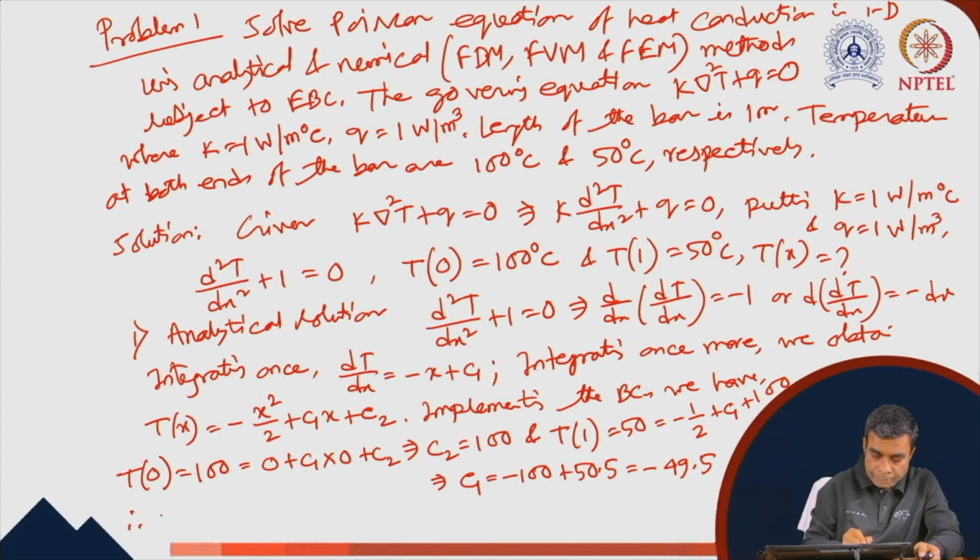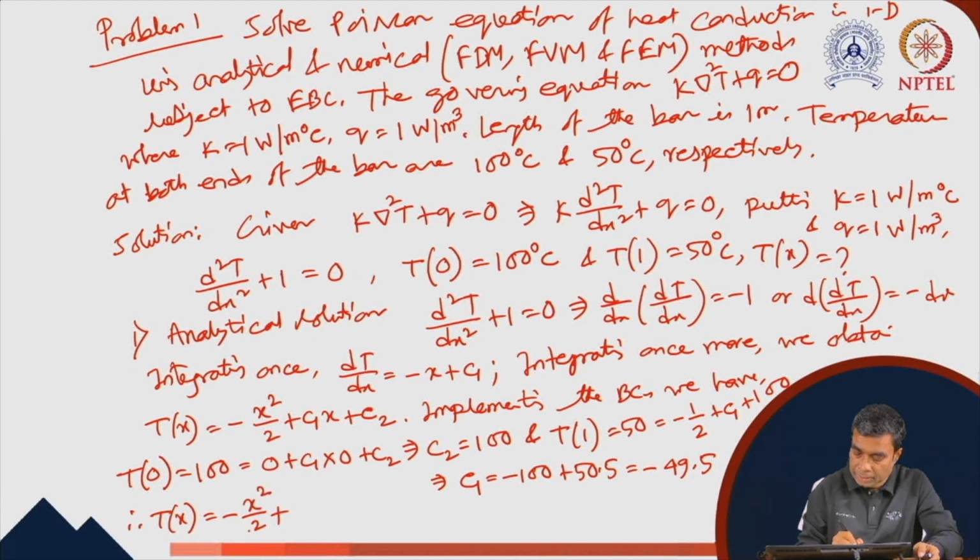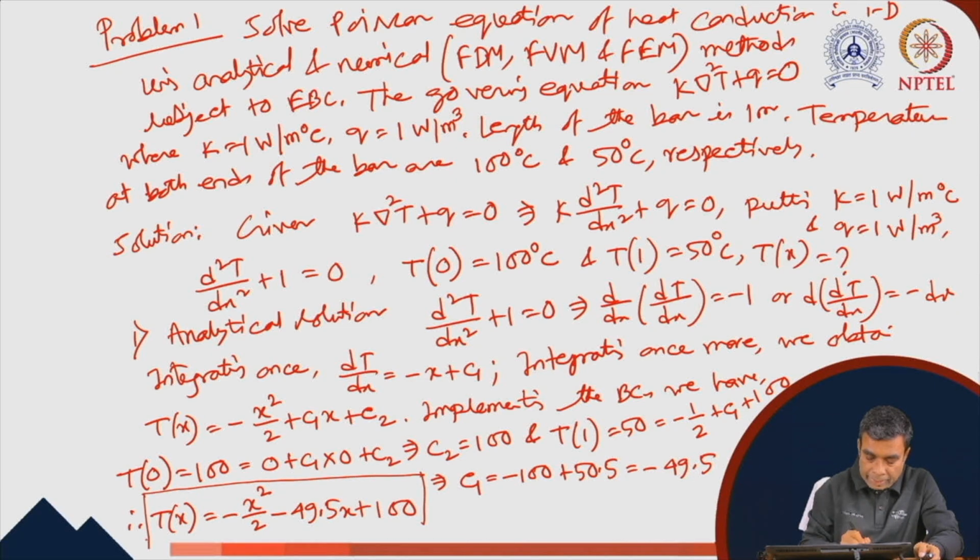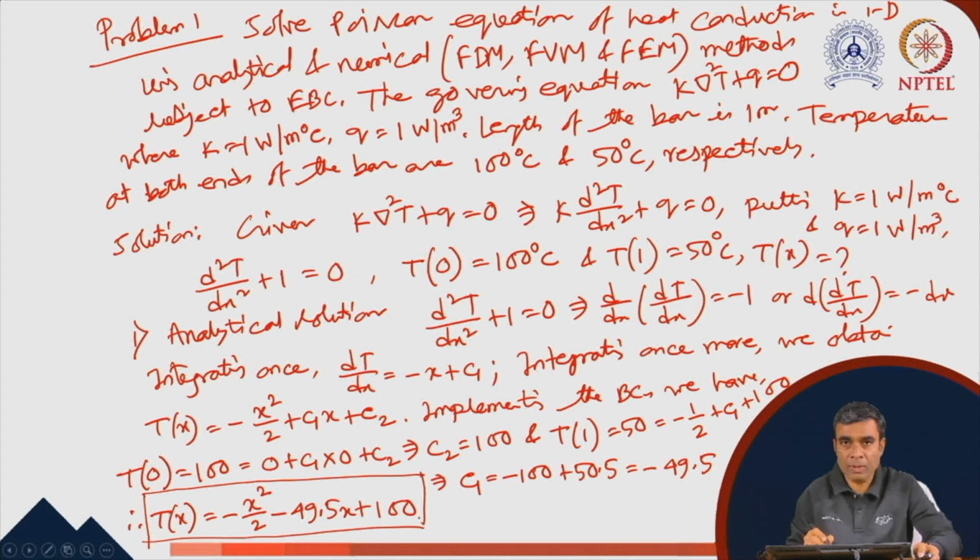So the exact solution for temperature is T(x) equals to minus x square by 2 plus C1x. C1 is minus 49.5. So here it comes as minus 49.5x plus C2. C2 is 100. So this is the closed form exact solution of temperature, which is of the form ax square plus bx plus c.